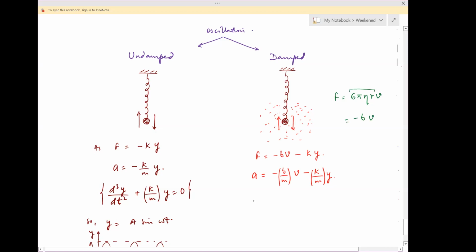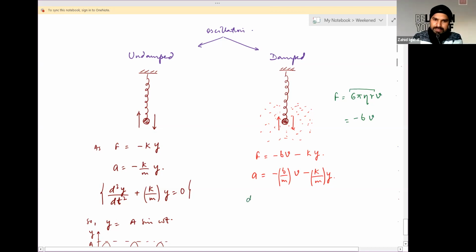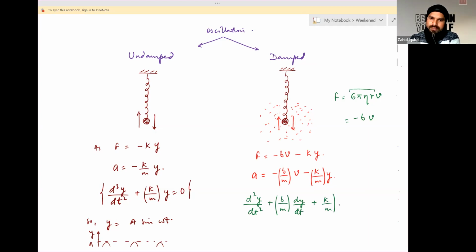So if you simplify this part, we may write acceleration as the second differentiation of displacement. Move this term to the left side. So b divided by m times velocity, dy over dt, plus k by m multiplied by y equals 0.